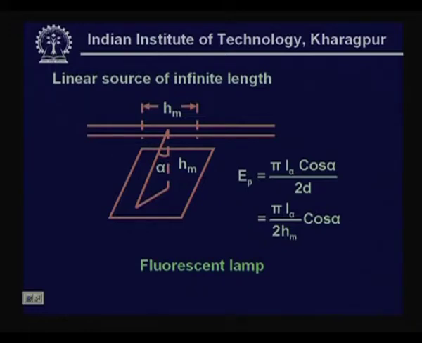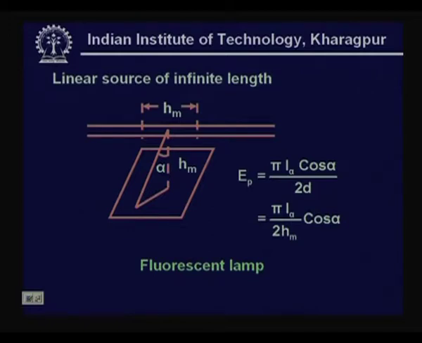Then we can arrive at this as pi I alpha cos alpha by 2 Hm. As I told earlier, for a point source the illuminance is proportional to 1 over d squared, where d is the distance to the point, whereas for a line source it is 1 over d, and that is what it is.